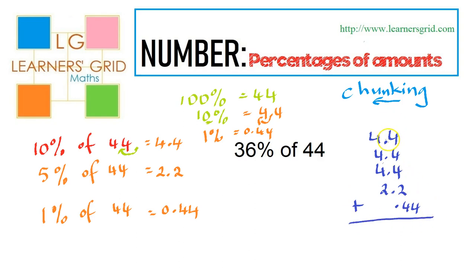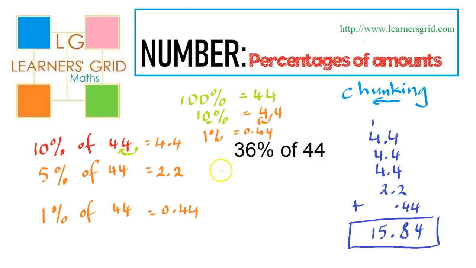The main thing is that you keep all your decimal points in a row, and each place value in its correct column. So 4 plus nothing is 4. I've got 1, 2, 3, 4 4s, that's 16, plus 2 is 18. Carry the 1. 4, 4, 4 is 12, 13, 14, 15. And this should be the correct answer here, 15.84.